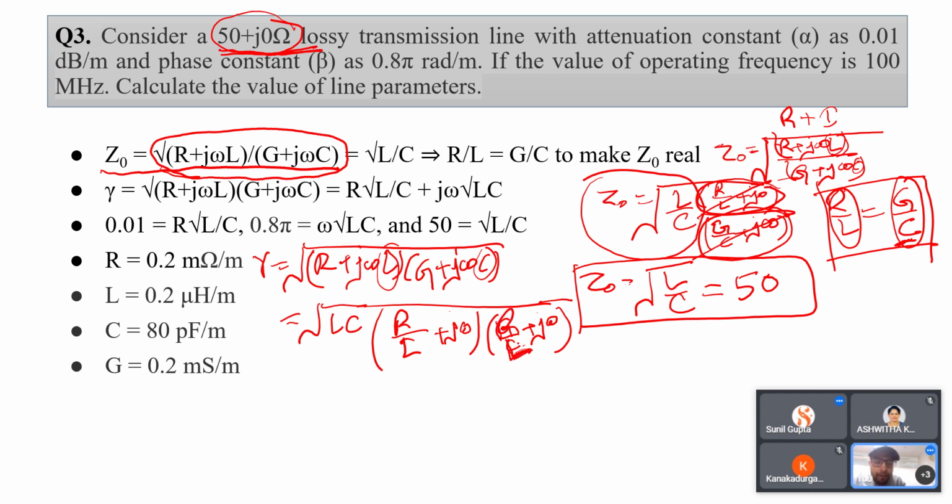So we can define it like root LC. This term becomes a square, so this will come out of the square root. So this becomes R by L plus j omega. Now multiply this root over LC into these two terms.